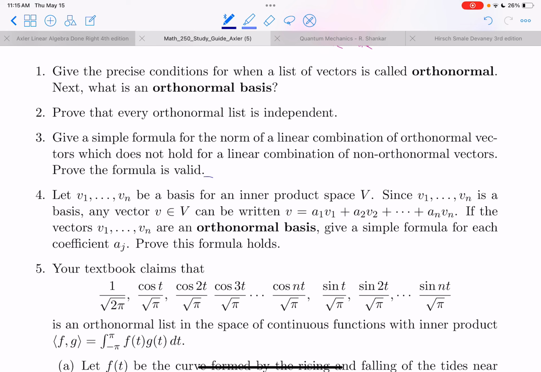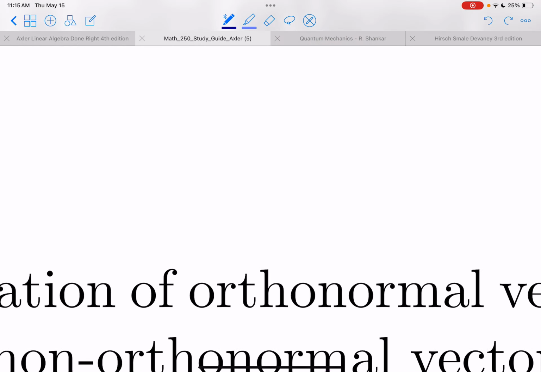Give a simple formula for the norm of a linear combination of orthonormal vectors, which does not hold for a linear combination of non-orthonormal vectors. Okay, so let's imagine we have a1 e1 plus a2 e2 plus a3 e3. This is a linear combination of the orthonormal vectors e1, e2, e3.